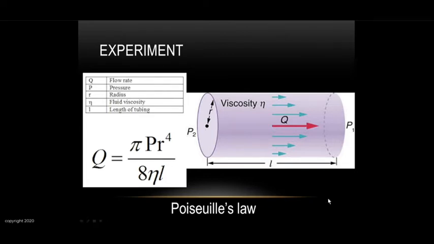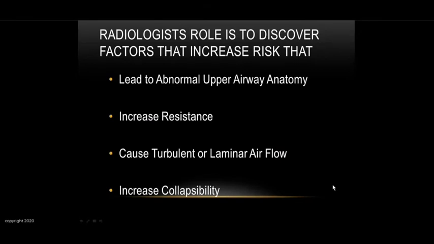So what we're looking for in our radiographic imaging is all the factors that can lead to increasing the resistance, to creating a smaller straw. So we're looking for things that change the anatomy, increase resistance, cause turbulence or laminar airflow, and then also increase collapsibility of that tube while that person falls asleep.